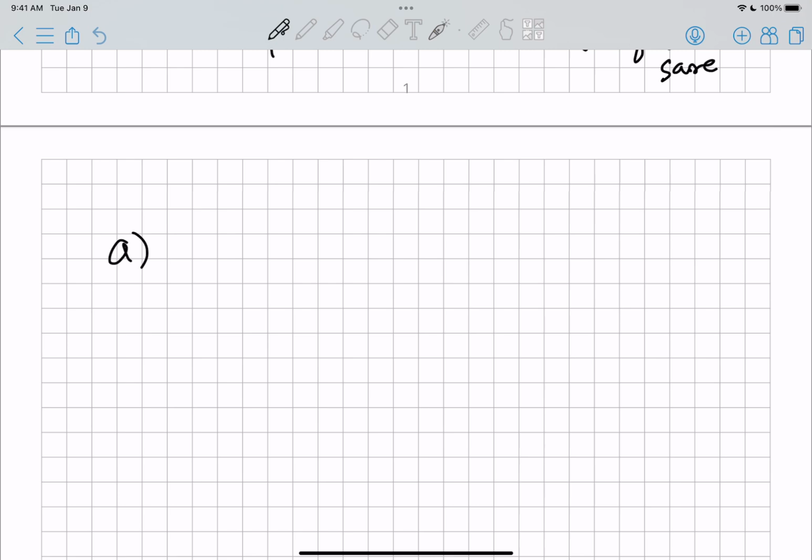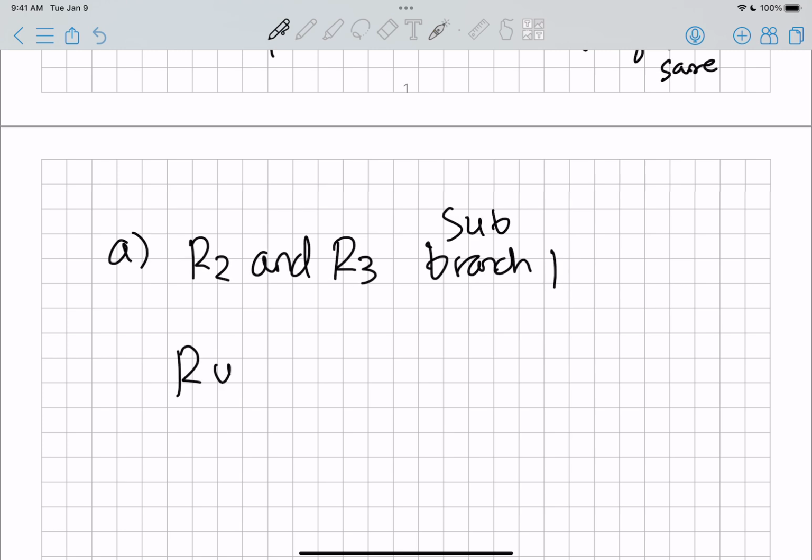After I go past R1, I meet that branching point at point B. So now I have R2 and R3 in one sub-branch and R4 in another sub-branch.